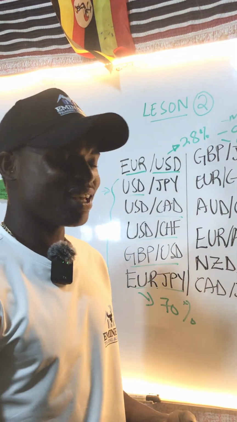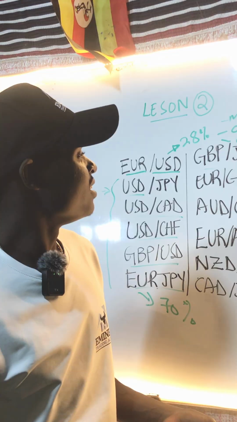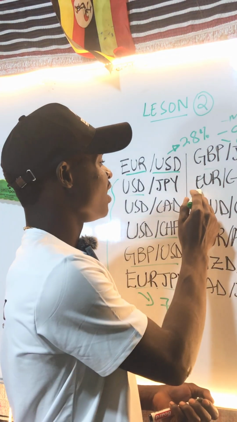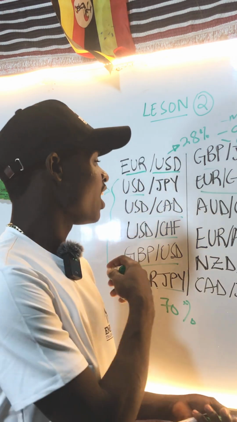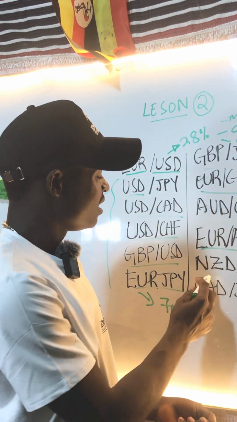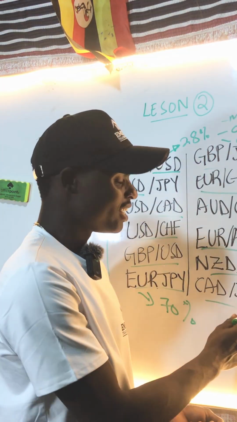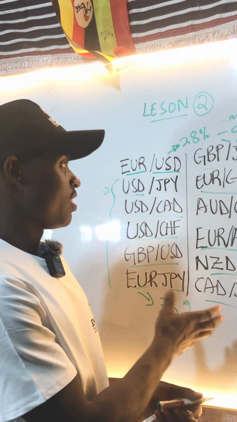Some of the major crosses we have are the GBP JPY, the Euro GBP, and the odd ones like Euro AUD, NZD JPY, CAD JPY, etc. So these are the crosses.